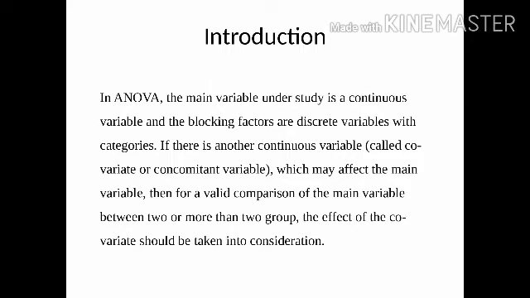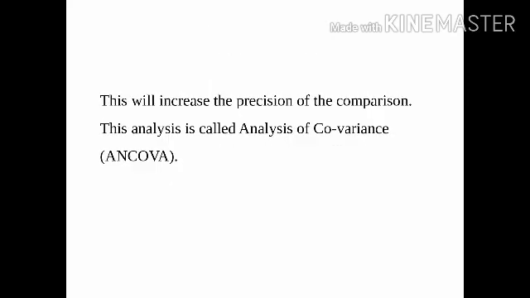If there is another continuous variable, called the covariate or concomitant variable, which may affect the main variable, then for a valid comparison of the main variable between two or more groups, the effect of the covariate should be taken into consideration. This will increase the precision of the comparison. This analysis is called analysis of covariance or ANCOVA.